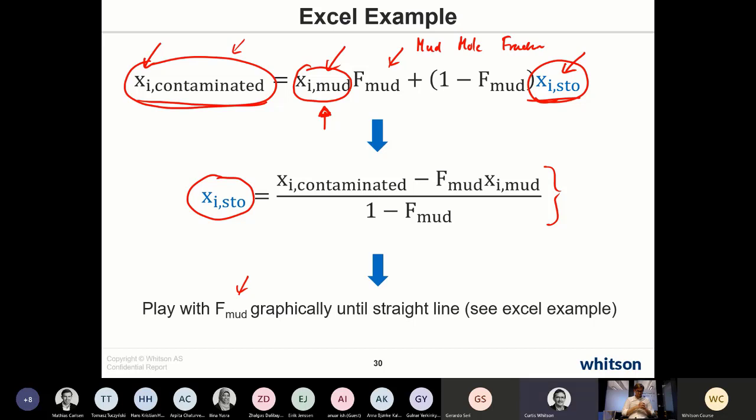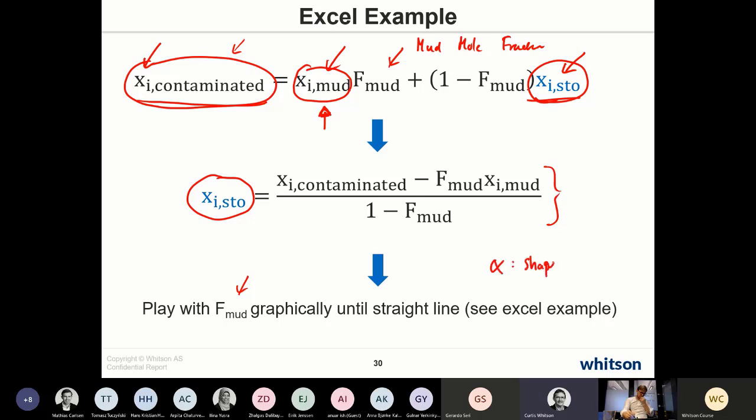What we do is adjust the F mud variable and the shape variable of the reservoir molar distribution simultaneously. Each sample has its own F mud, but the gamma distribution shape is common for all samples. So we have one variable controlling the gamma distribution shape, but individual sample variables F mud.